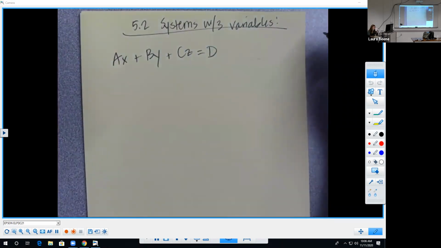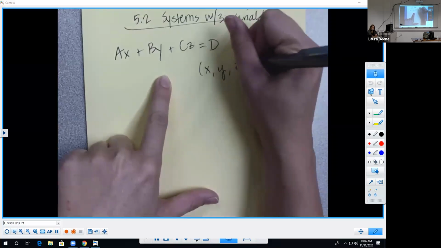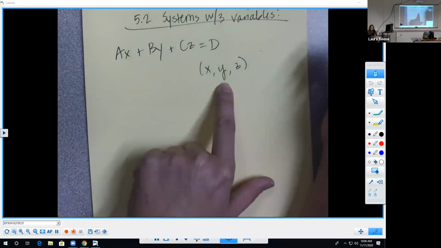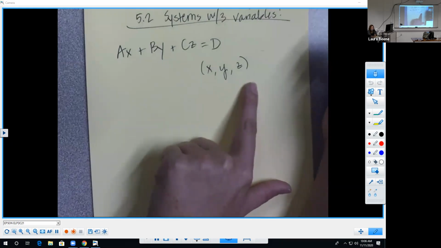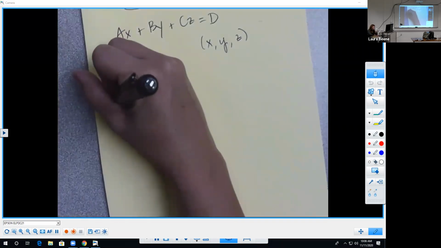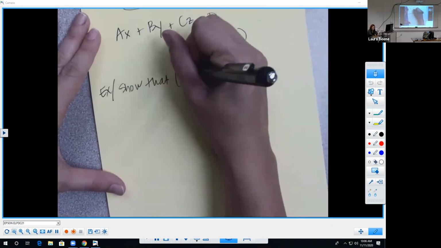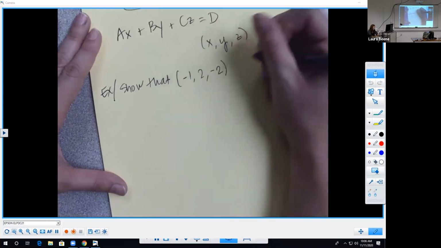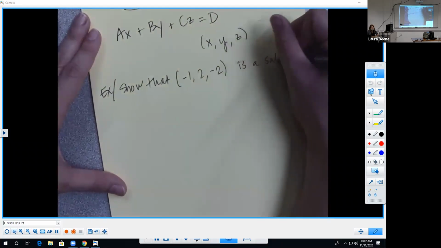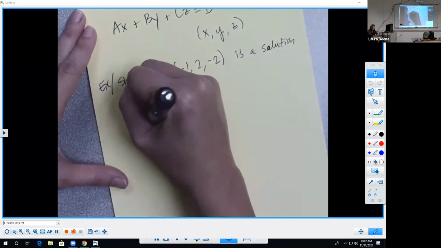So the first type of problem for these is asking, is something a solution? Just a heads up, the ordered pair for these is going to be x, y, and the last number is z. Whereas before your ordered pair was just x comma y, now it's x comma y comma z. So one type of problem says show that the solution (-1, 2, -2) is a solution to the system of equations.